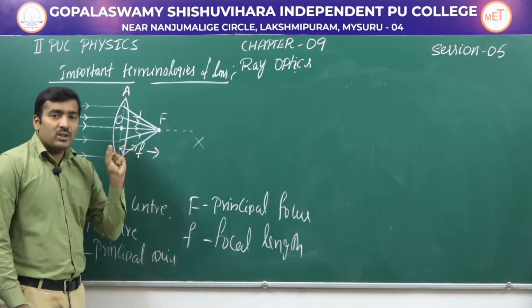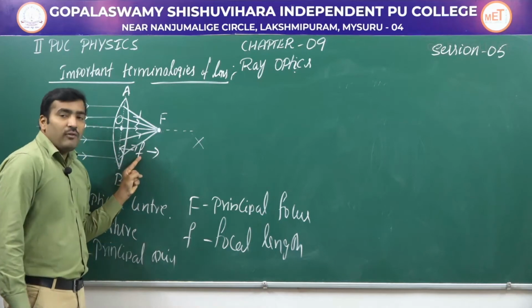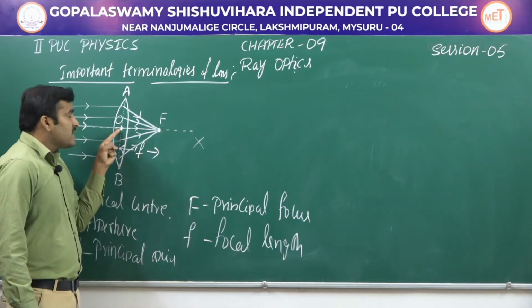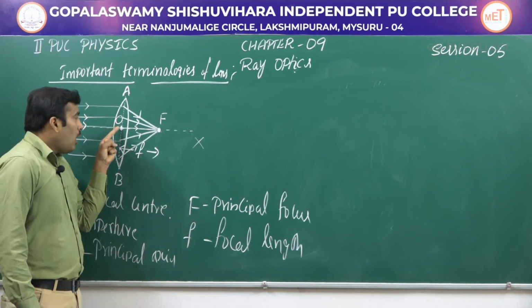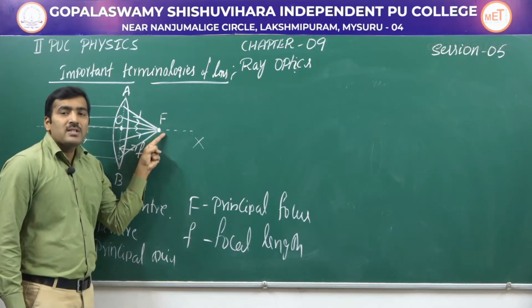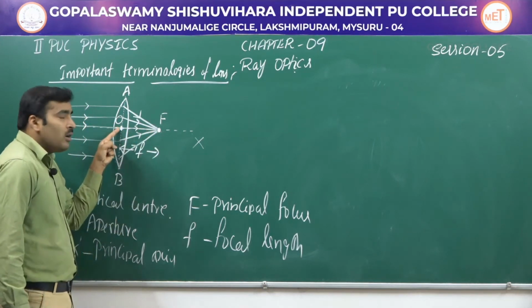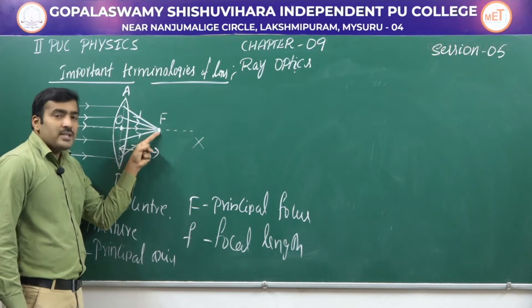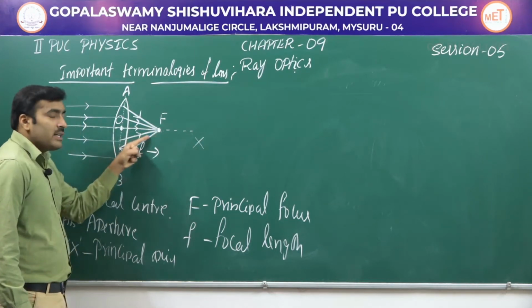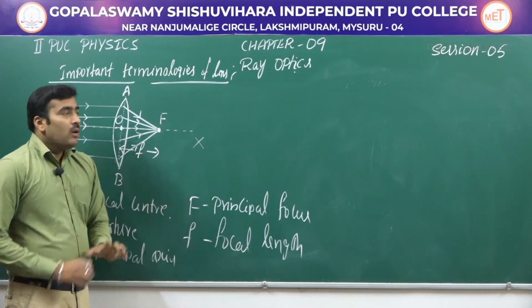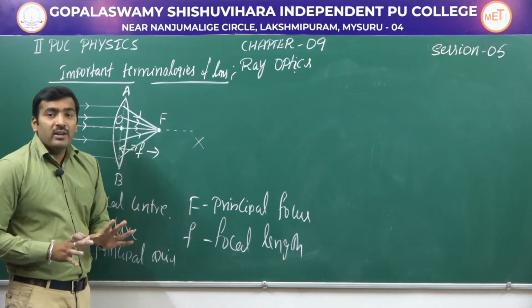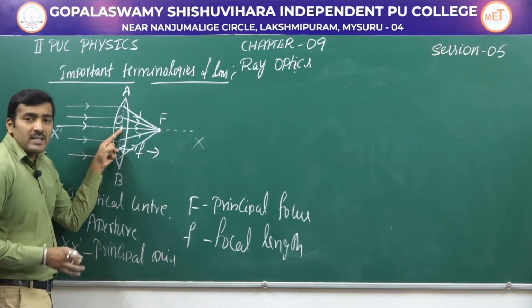What is the focal length of a lens? A focal length of a lens is the distance between the optical center to the principal focus. The distance between optical center to the principal focus, we call that distance as focal length. So what are the terms we had defined here? First term is an optical center.